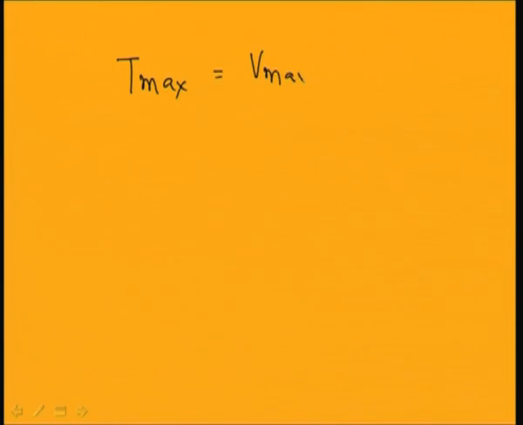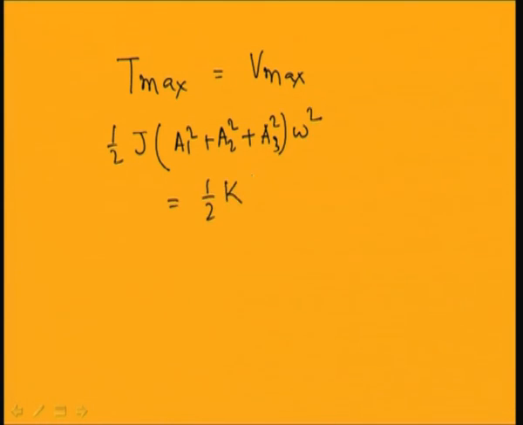By equating that, half J omega square into A1 square plus A2 square plus A3 square, into omega square, equal to half k into A1 square plus (A2 minus A1) square plus (A3 minus A1) square.